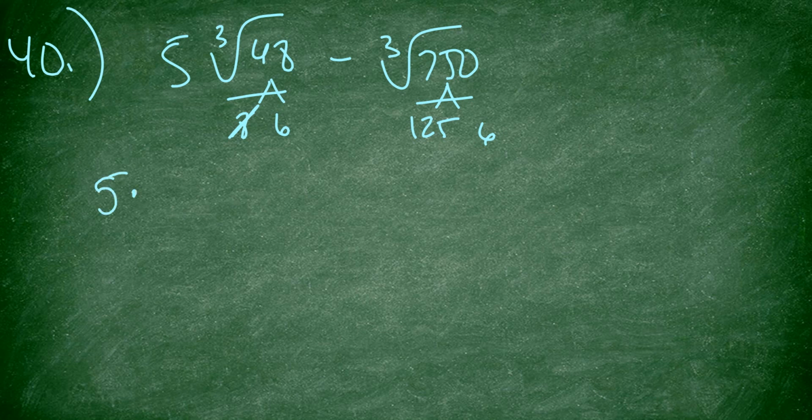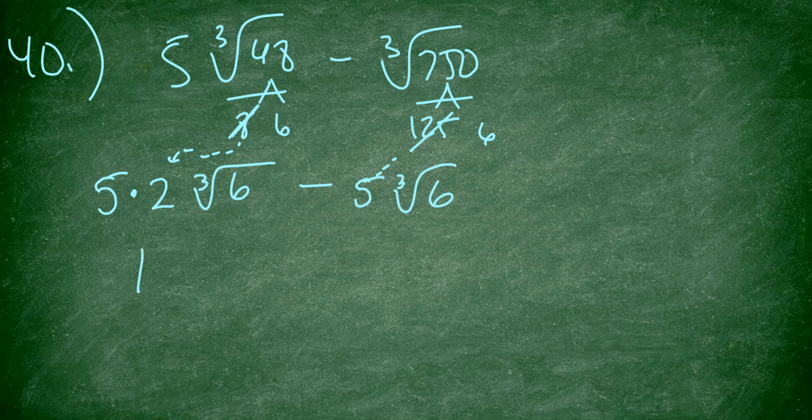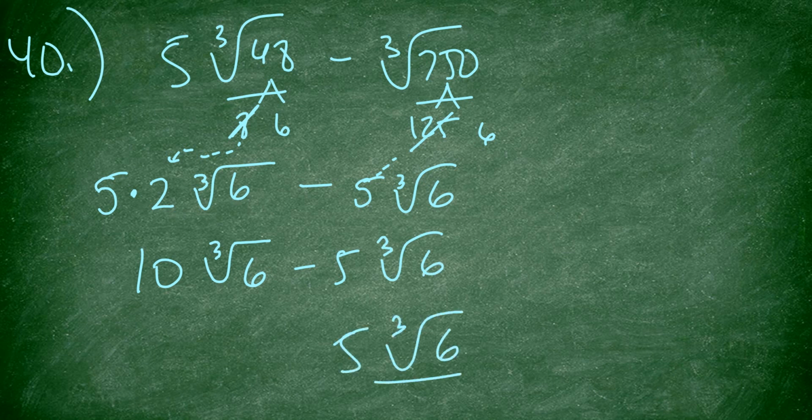So I have 5 times 2, so this 8 turned into that 2. Minus, remember, 125 turns into 5 cube roots of 6. 5 times 2 is 10, so I have 10 cube roots of 6 minus 5 cube roots of 6. I end up with 5 cube roots of 6 as my final answer. And that's it for 40.